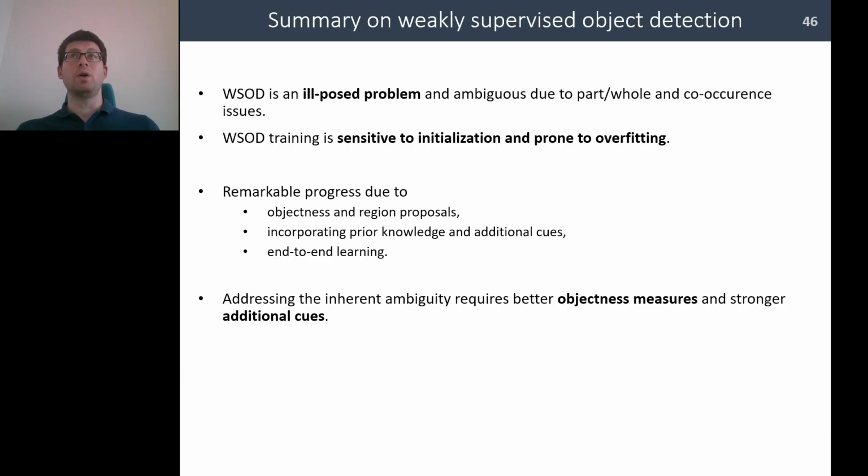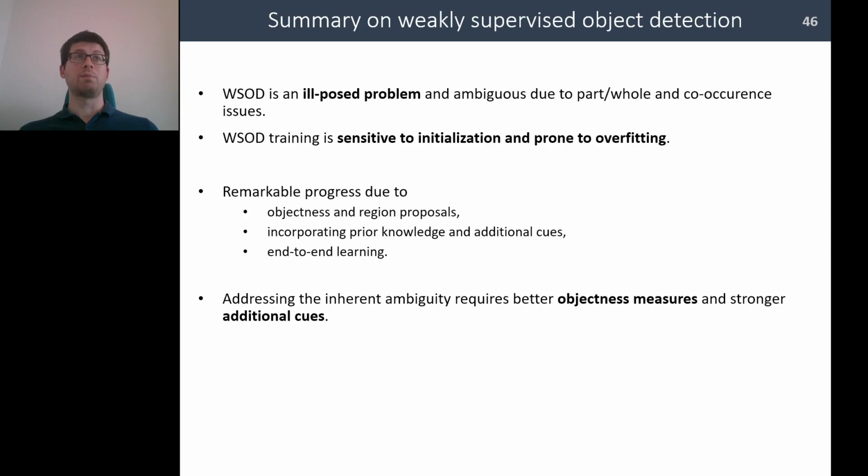Okay, so I think the most important take-home message I want to deliver today is that weakly supervised object detection, and perhaps many weakly supervised learning problems, are ill-posed problems. In my case, it's ambiguous due to the part and co-occurrence issues, foreground, background, and grouping problems. Also, most weakly supervised methods are sensitive to initialization in training and prone to overfitting.